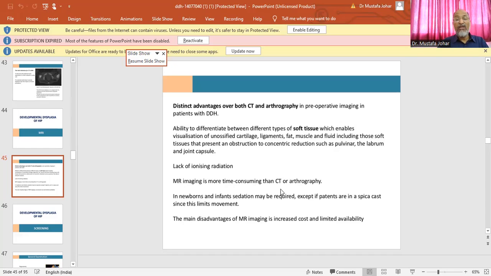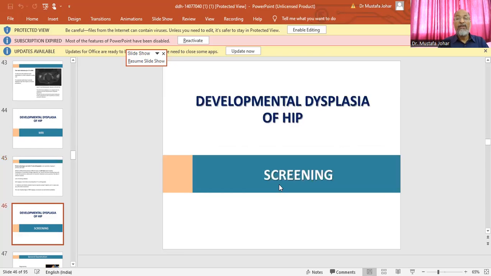The main disadvantage of MRI imaging is increased cost and limited availability in developing or underdeveloped countries.